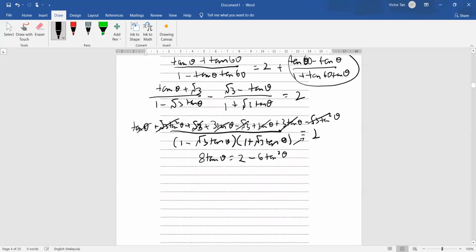Now by simplifying, you get 3 tangent squared theta plus 4 tangent theta minus 1 equals 0. So factorizing.